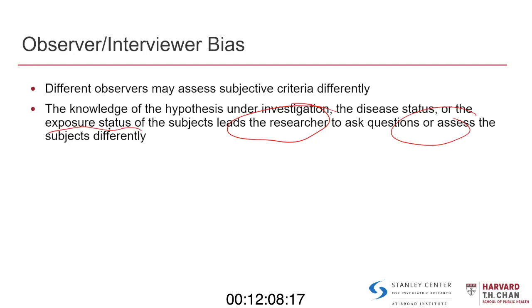So oftentimes when we train interviewers or research staff, we don't tell them the specific hypothesis of the study, because observers may have a preconceived expectation of what they should find in an examination or in a research.